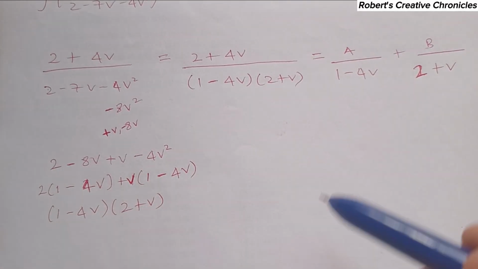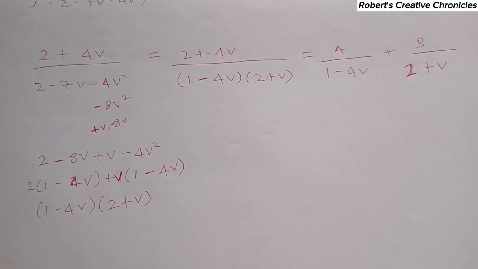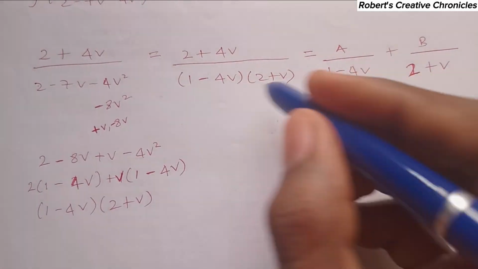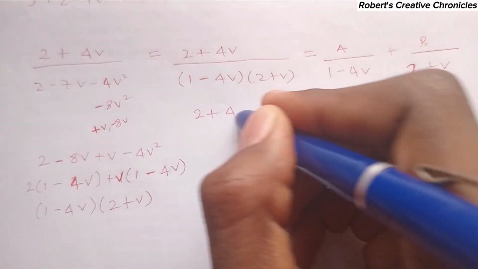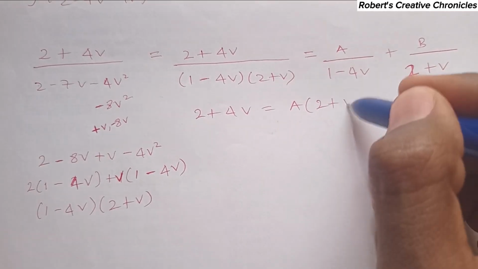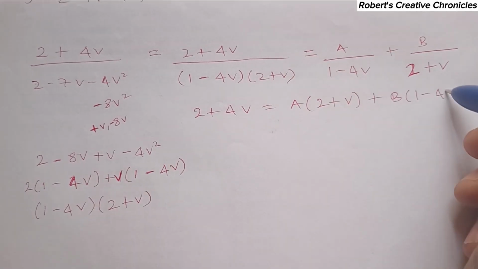So now let's use the elimination method to find A and B. So we'll multiply through, so we'll get 2 plus 4v is equal to A(2 plus v) plus B(1 minus 4v).